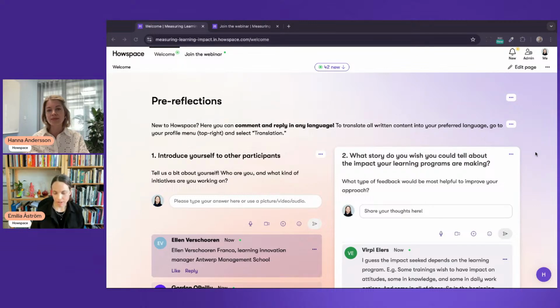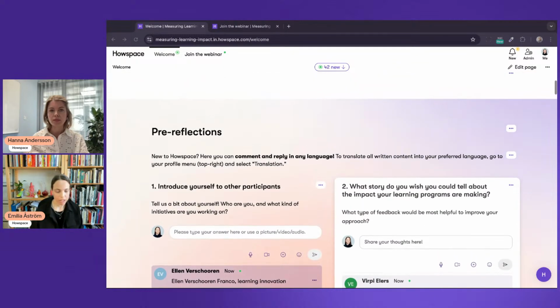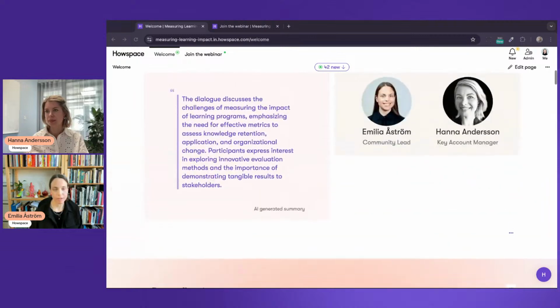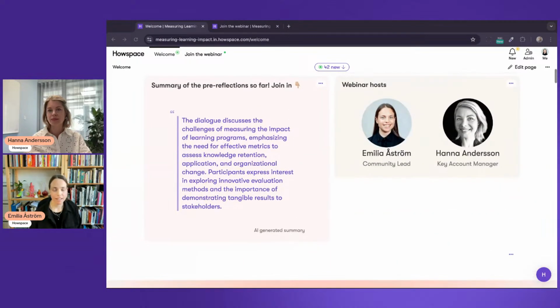And we also got a lot of feedback on what stories you wish to tell about the impact of your learning programs. If we have a look at the AI summary here, I'll just scan through this quickly together with you all. In the discussion, you discussed the challenges of measuring the impact of learning programs, emphasizing the need for effective metrics to assess knowledge retention, application and organizational change.